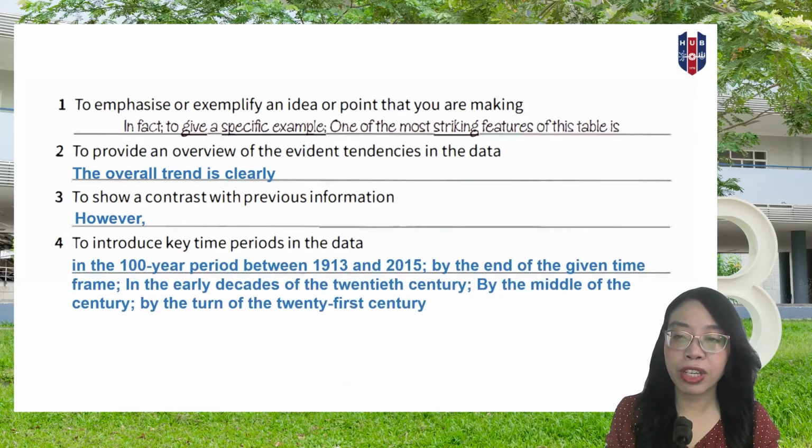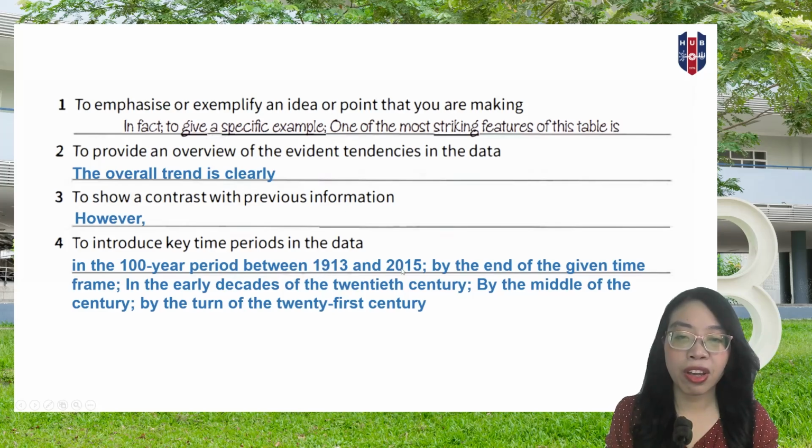To introduce the key periods in the data, you can use the time, like "in the 100-year period." Notice here that this is the way that you can turn the noun into adjective. You use 100 and then a dash here and then the year without the s.